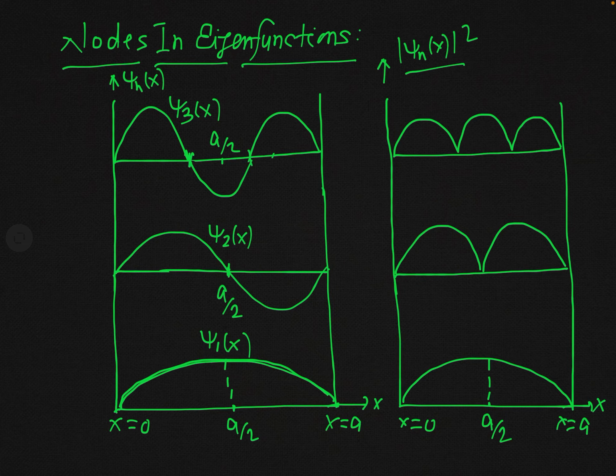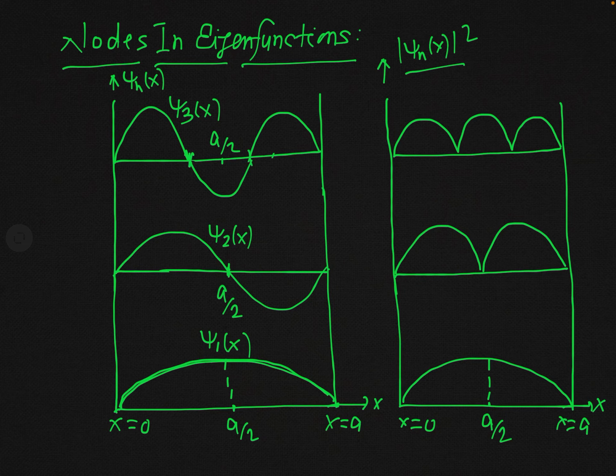As I have told you, the points x equal to 0 and x equal to a are always nodes for all eigenfunctions psi n of x. But apart from this, in ground state there is no node between these 2 points, in first excited state there is only 1 node, and in second excited state there are 2 nodes between these 2 points.